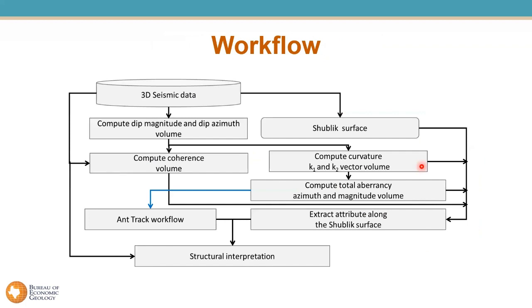So here is a workflow. We had to do some phase rotation and other things on the 3D seismic, and then we interpreted the horizons on one survey. Then we computed attributes like dip magnitude and azimuth with the GST algorithm, the gradient structure tensor, which was helpful for adjusting tilting surfaces; coherence attributes, computed with energy ratio coherence; and the curvature, and then the aberrancy azimuth and magnitude.